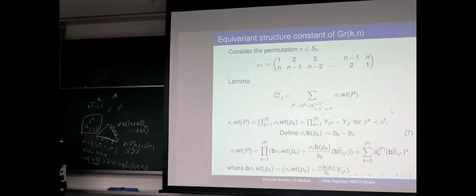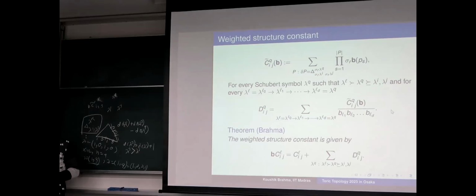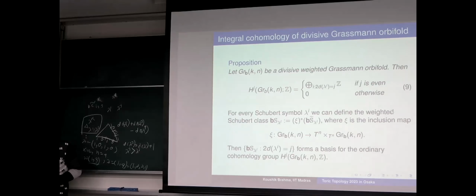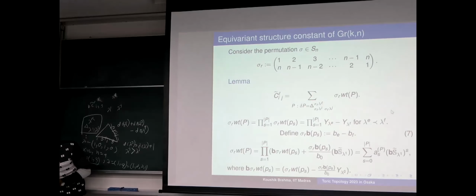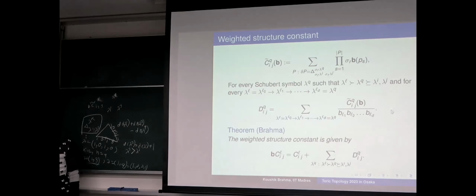Here we can compute by C tilde lij for all i, j and l. So using that I will compute here C tilde ijq b, and b is, here I have defined sigma r b p, that is, if sigma r p is y lambda i minus y lambda f, for that we just put b instead of this y. Okay, so then we can compute this d_qij.